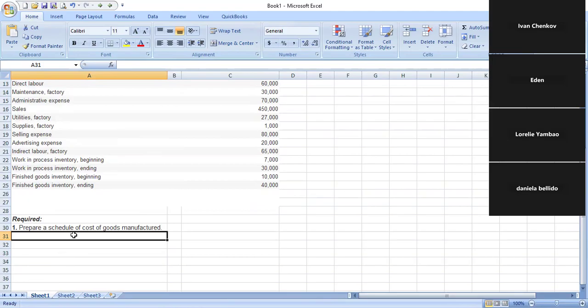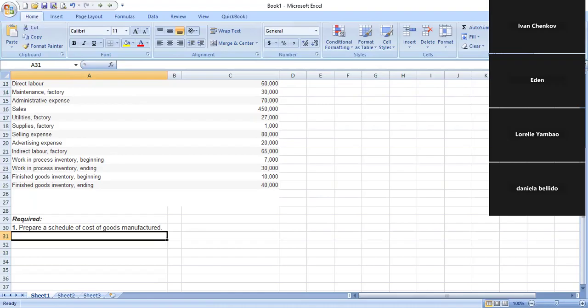Now, what you have to remember is you have to go to the Excel spreadsheet that we did in the class, and you have to understand which account the cost of goods manufactured comes from. We have three inventory accounts: raw material, work in process, finished goods.